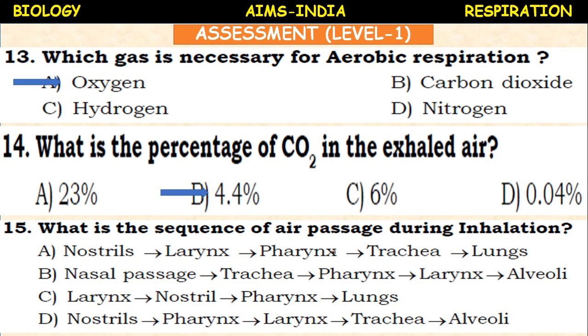These are all the parts of the respiratory system. Here option D represents the correct sequence. External air from the nostrils enters into the pharynx, then larynx, then trachea. Trachea opens into alveoli.